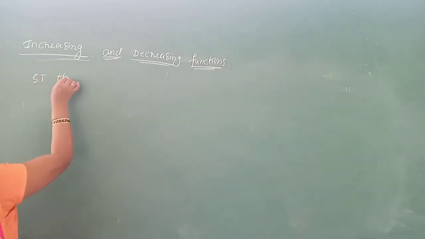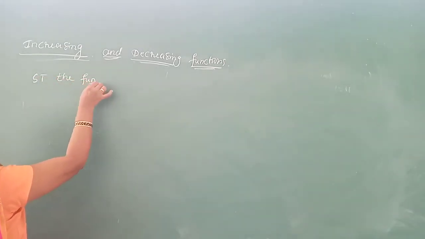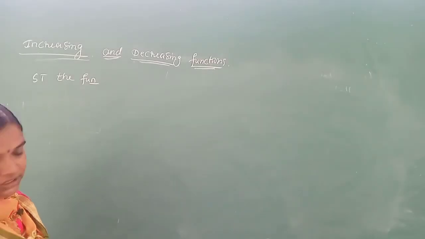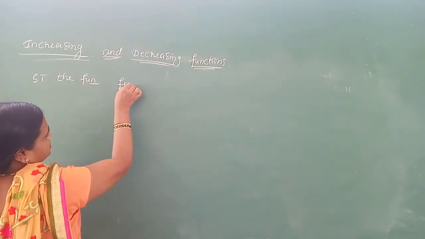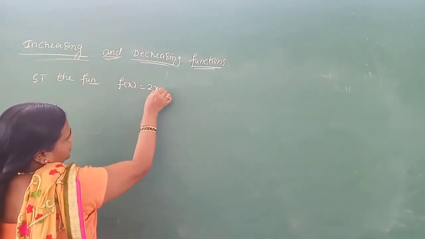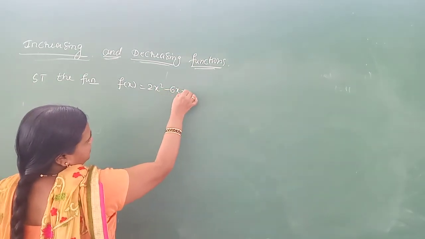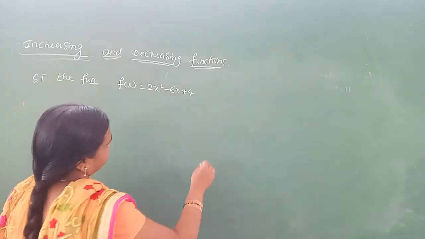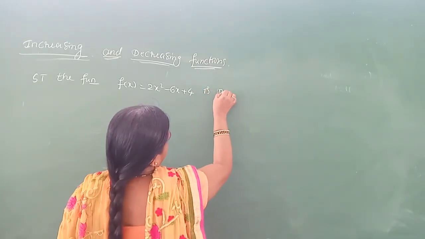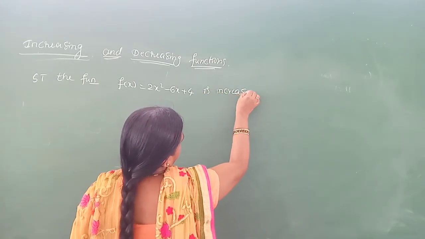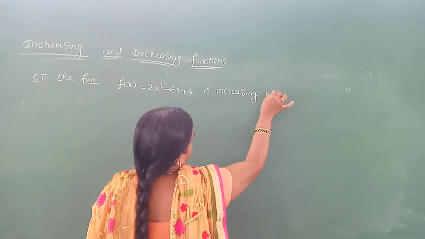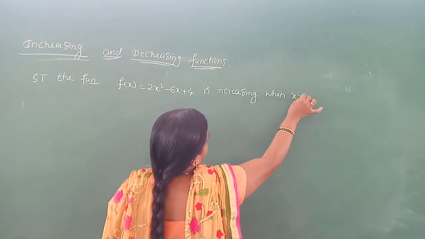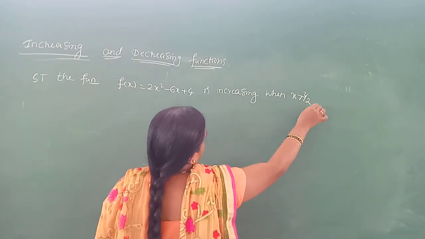The given example is: show that the function f of x equals 2x squared minus 6x plus 4 is increasing when x is greater than 3 by 2.